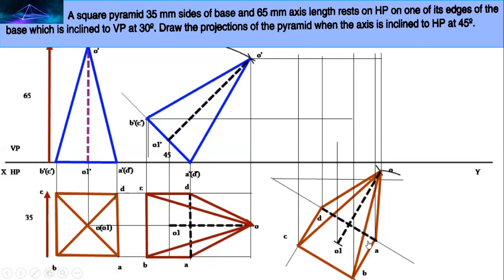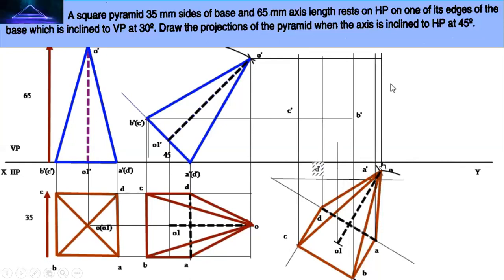Now name it. A dash, that is the point A dash. B with B dash, so this is B dash. C intersected with C dash, that is the point C dash, and D with D dash, that is the point D dash.